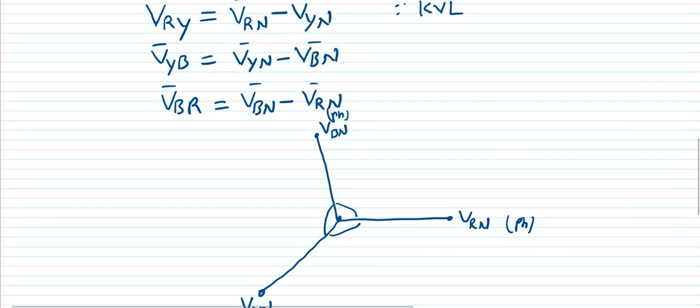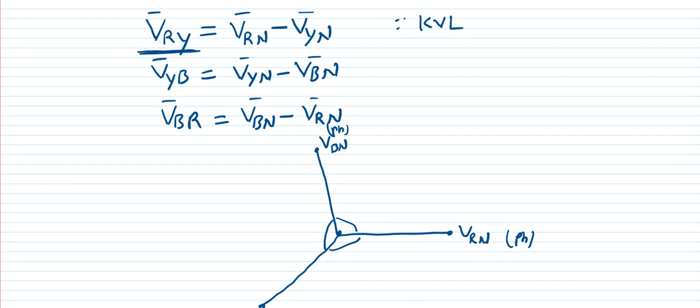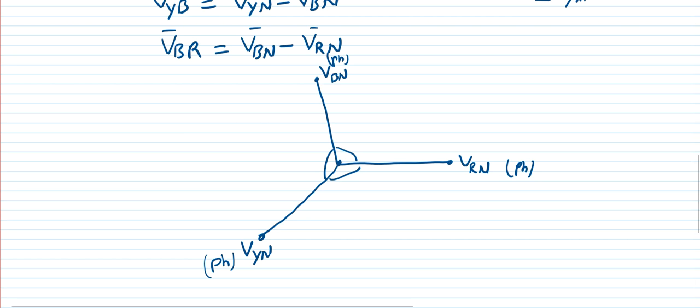Now I want to calculate VRY. It is nothing but the VRN vector minus the VYN vector. How will you write this minus VYN vector?